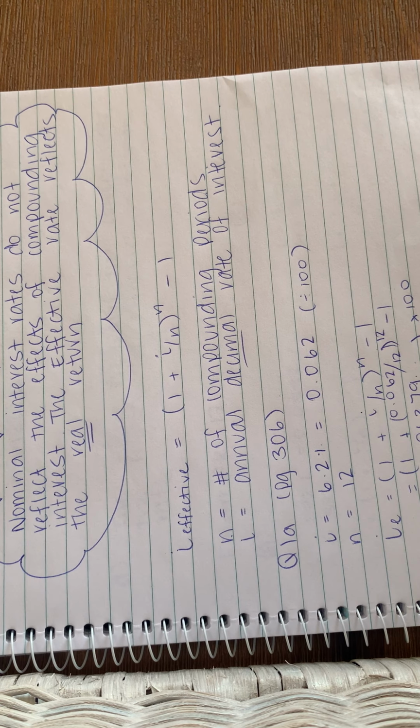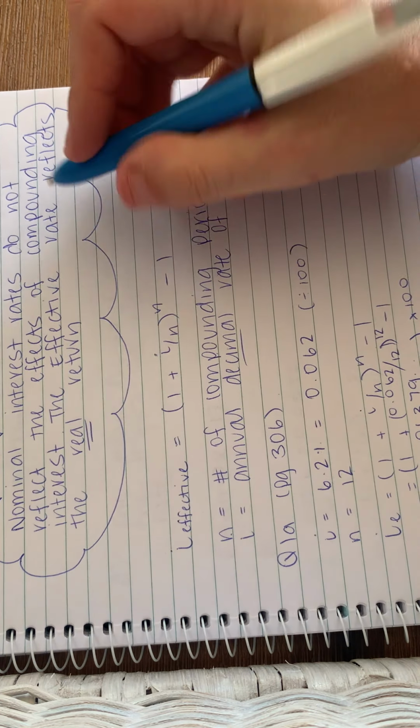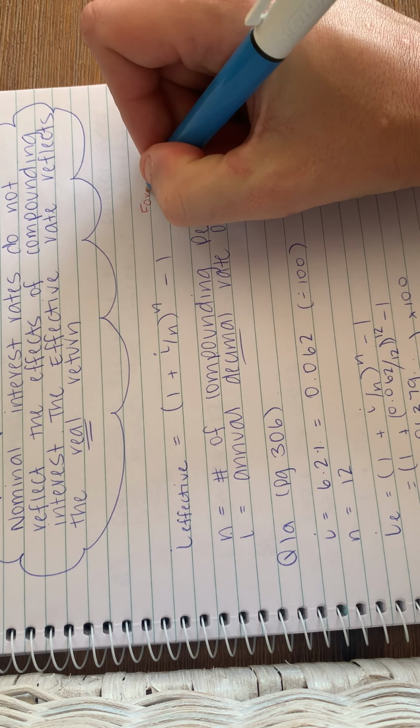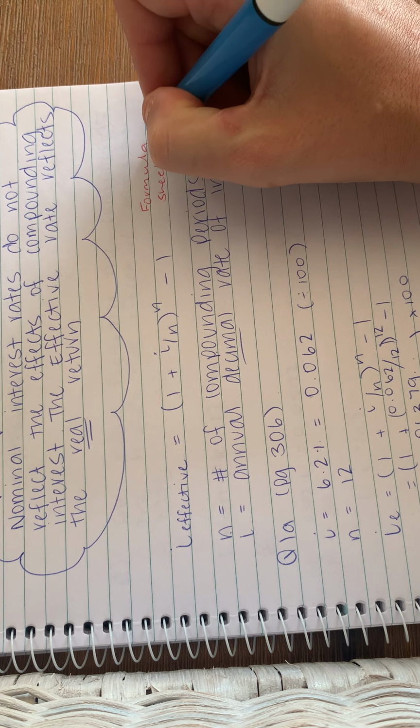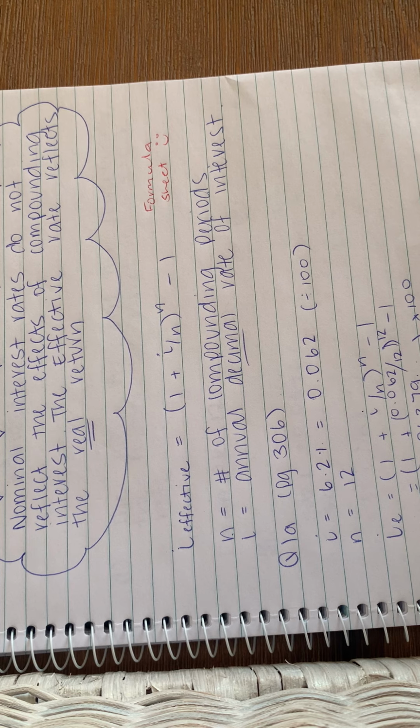So like anything, to find the effective rate, we have to use a formula, and this is on your formula sheet. So I might make a little note that this is on the formula sheet. We've got little i and then subscript effective.